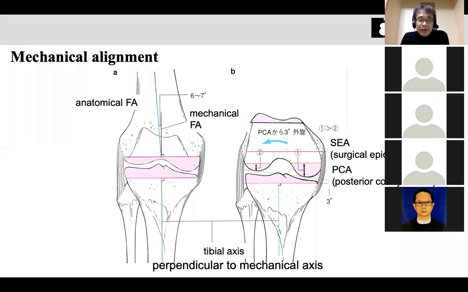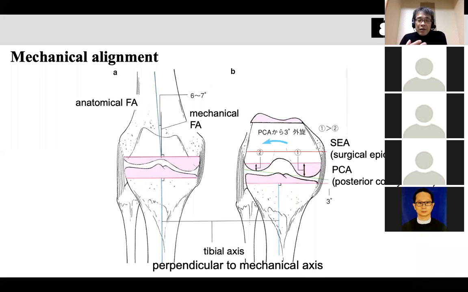Just like the distal femur, we cut parallel to the tibial cutting line. So the bone cut thickness of the posterior condyle is thicker on the medial side than the lateral side. It is quite natural because the joint line inclines medially in both extension and flexion.